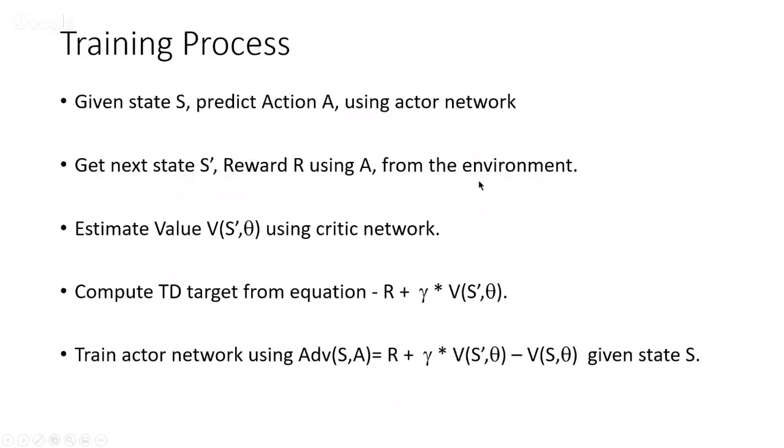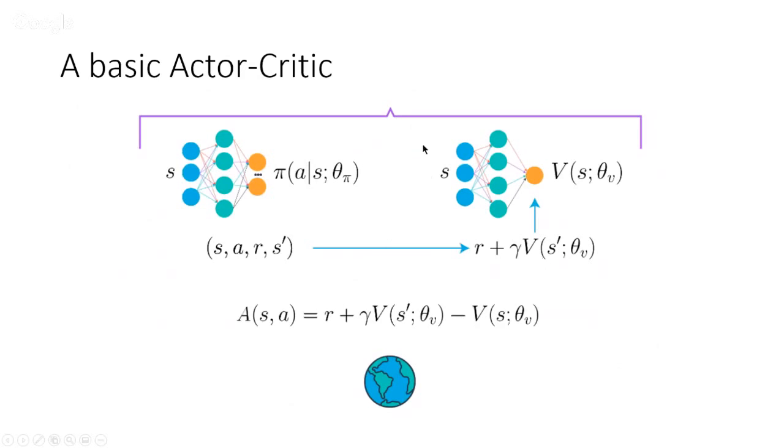Now the environment, after we input the state and give out an action, the action goes into the environment, and the environment gives out the next state and reward. Now assume that this is S prime. So we use this S prime, input it to our critic network, and the critic network gives out V of S prime, which will be used to compute a TD target.